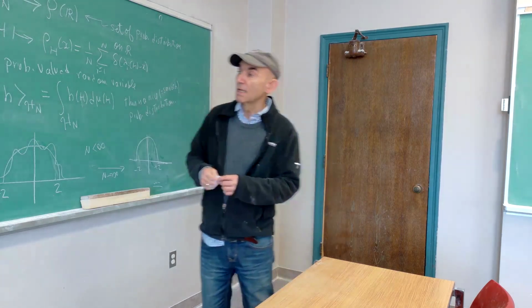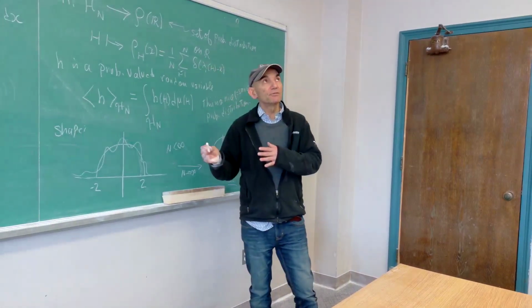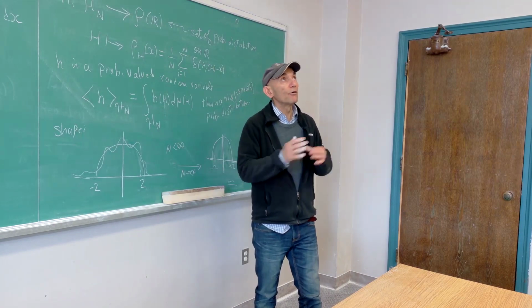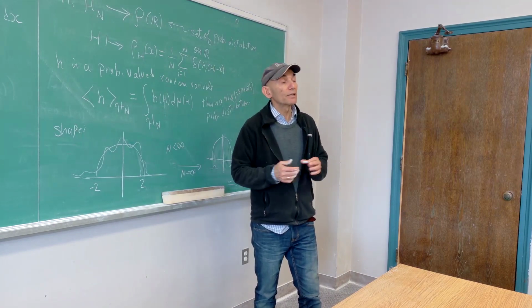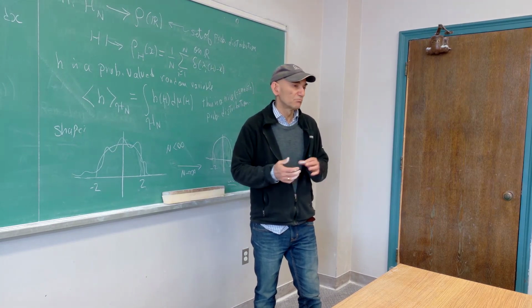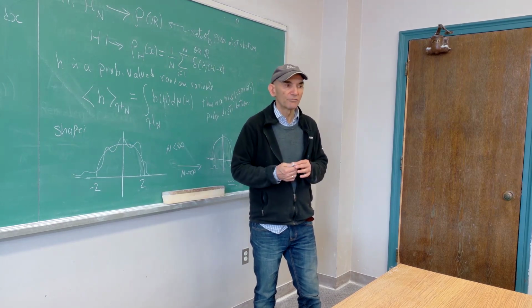For many cases, if you have a sequence of probability distributions and the moments converge, you can prove that there is actually a stronger version of convergence at the same time. But I don't get into that. That needs a little more probability theory than we have time for.